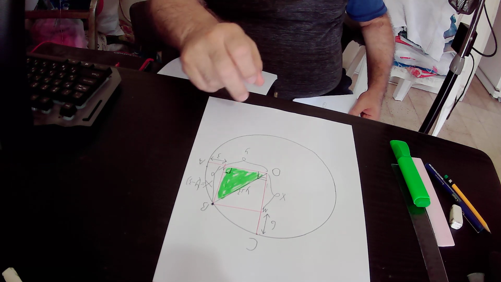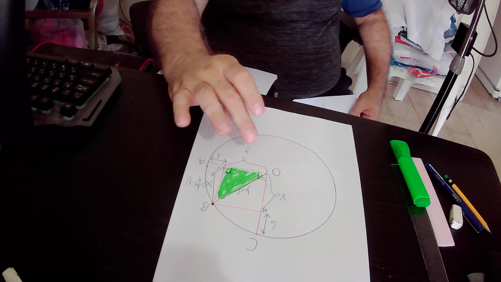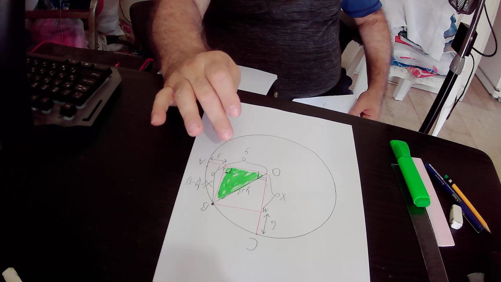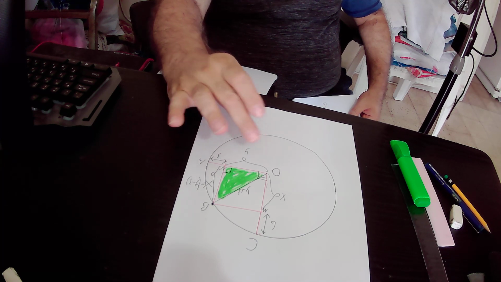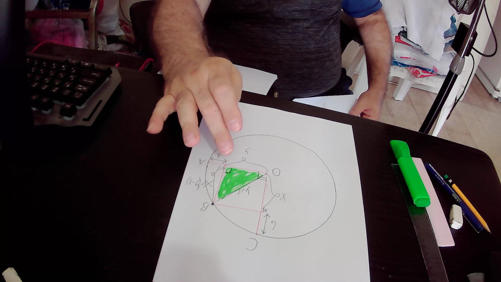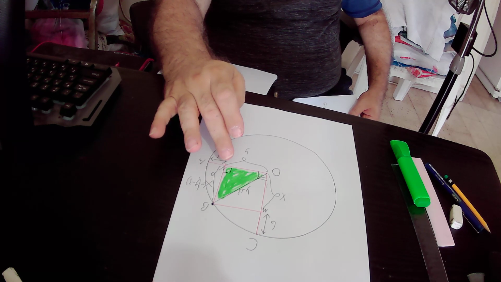So in the right triangle ONB, it is a right triangle because all the angles in a square equal 90 degrees, so ONB is an angle of 90 degrees.